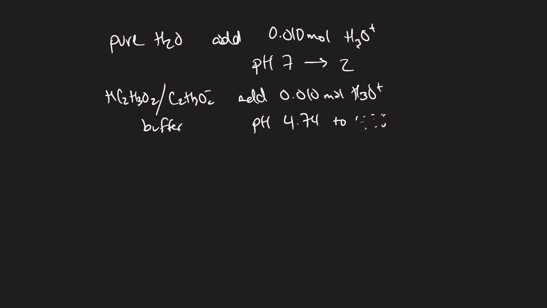I'm sorry, take that back. It's an acid, so it's going to go to 4.68. So you see here, because of the buffer, it doesn't change much at all. The buffer starts here and it ends here. So that's how buffers work.